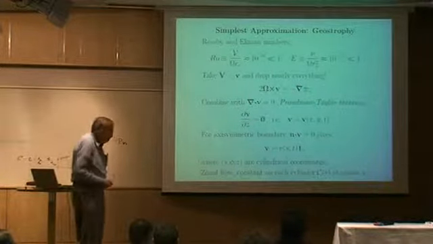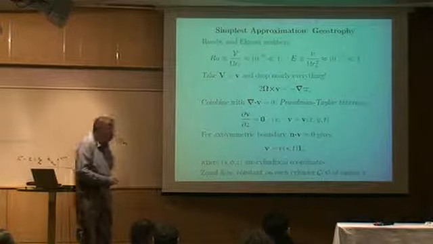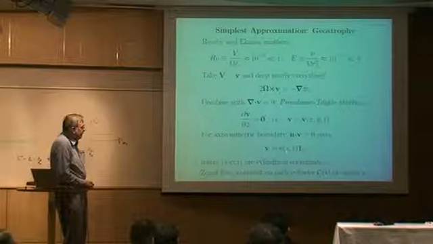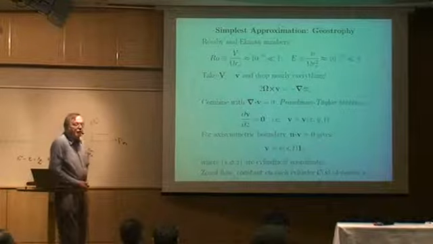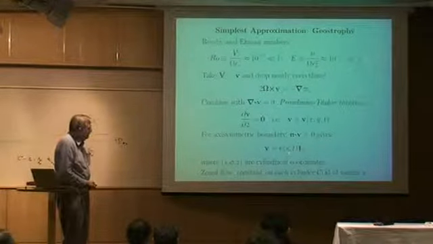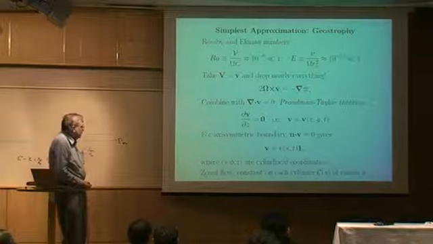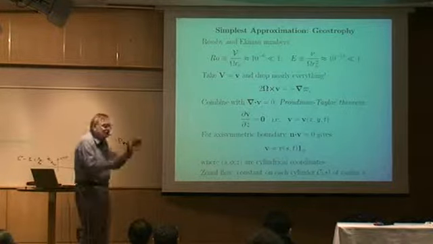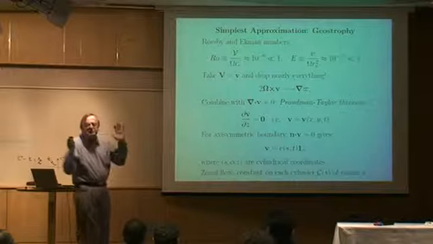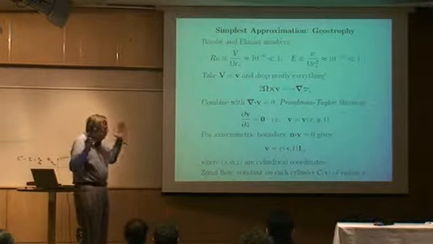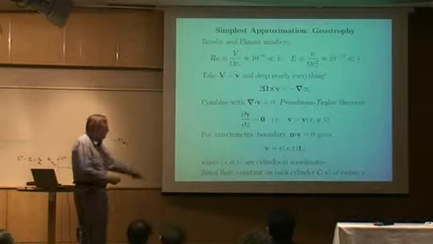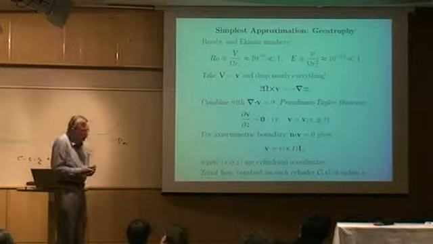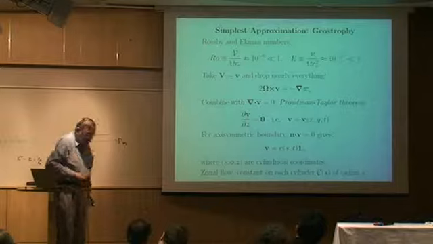So let's think of the properties of this flow. First of all, it depends only on s and t. s is the distance from the rotation axis. That means that every cylinder of radius s moves like a solid body in this motion. I'll show you a slide of cylinders in a minute.